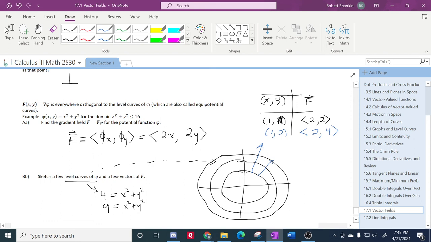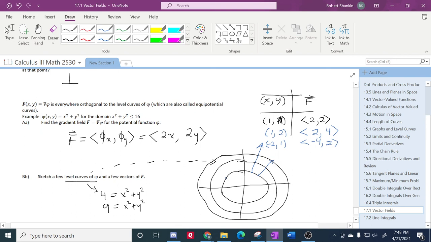And at any point you pick on this, like -2, +1, figure out the F there, and it's going to be -4, +2.